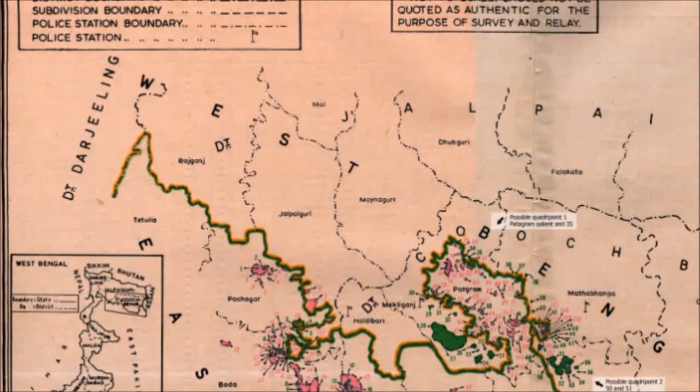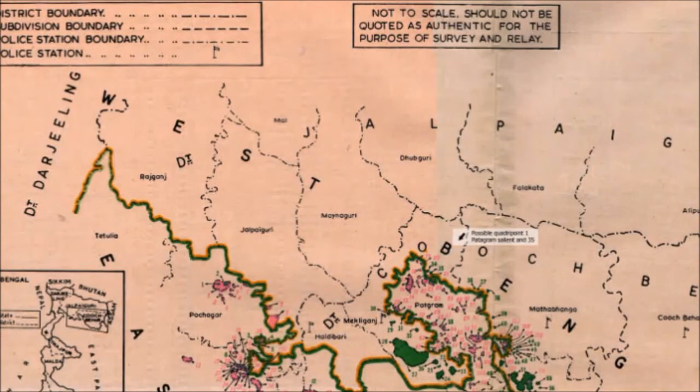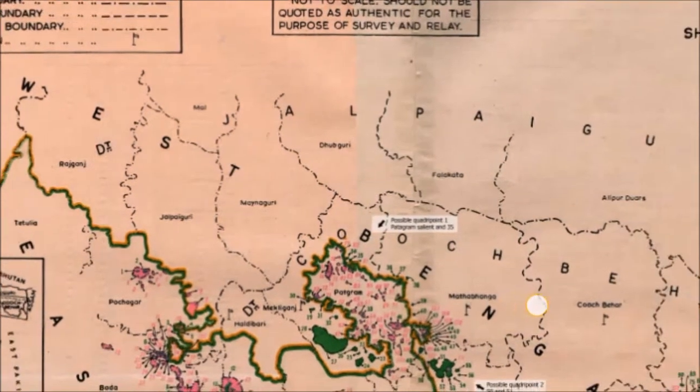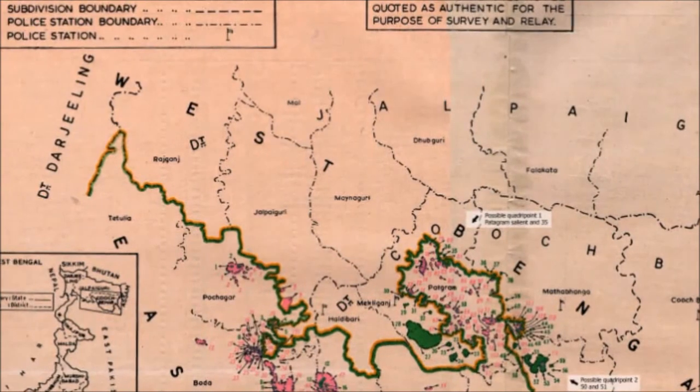According to the award, it is provided that a line shall be drawn along the boundary between the Thana of Panishwada in the district of Darjeeling and the Thana of Tetulia in the district of Jalpaiguri, from the point where the boundary meets the province of Bihar, and then the boundary between the Thanas of Tetulia and Rajganj.